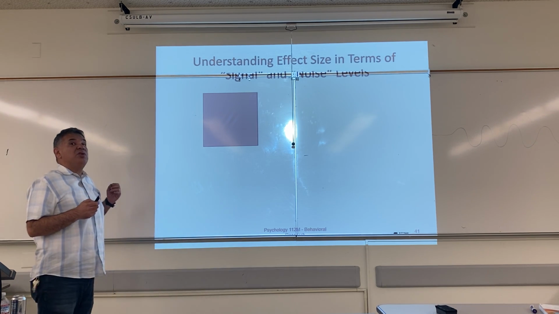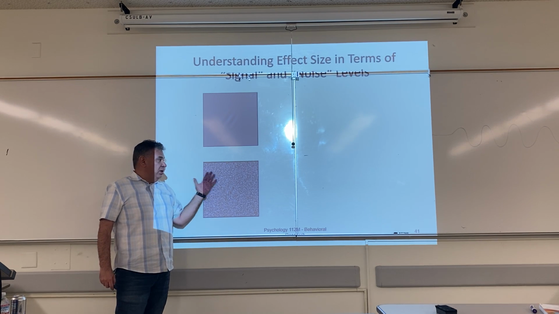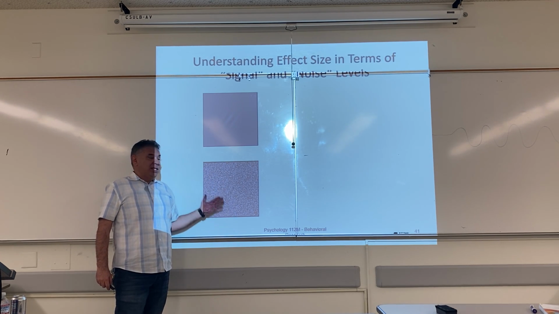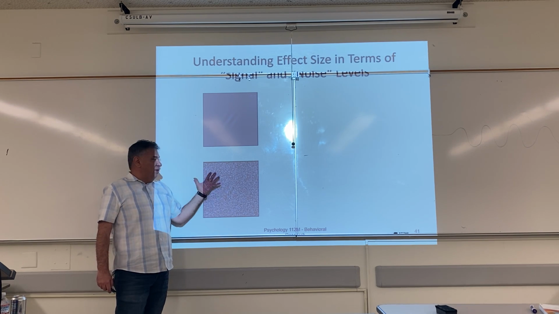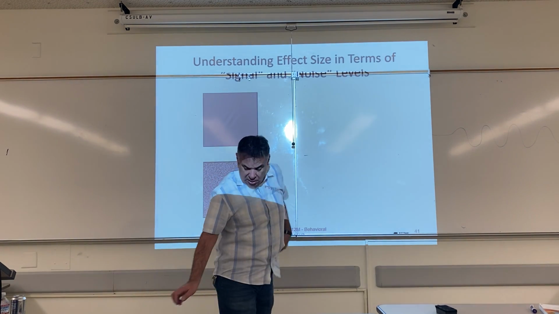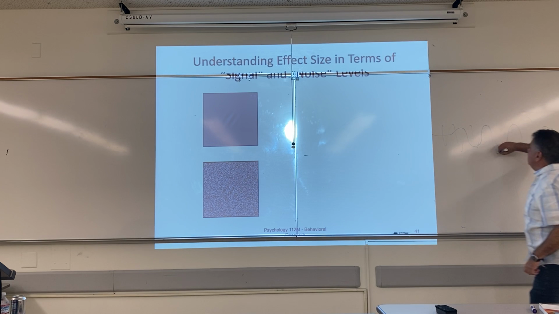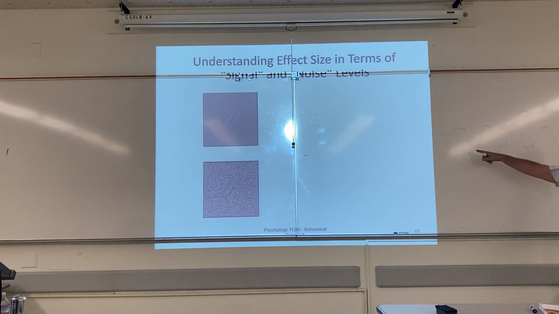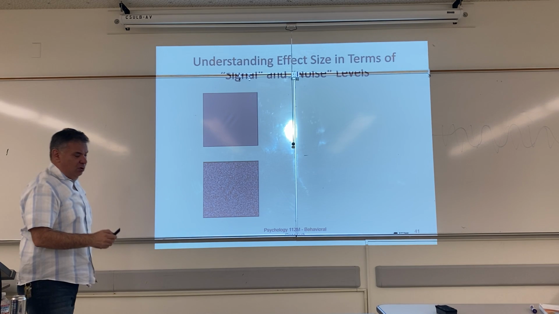But let's turn the noise up. Look what happens when the noise, that's the grit here, these pixels, are not very refined, when they're very coarse. Here's our signal, and here's noise, and now we can't tell which one is signal or which one is noise. We can't tell the difference between the two. So let me turn down the noise.